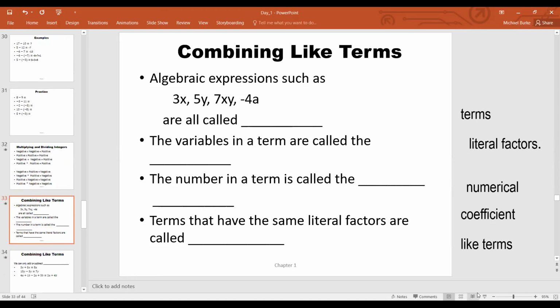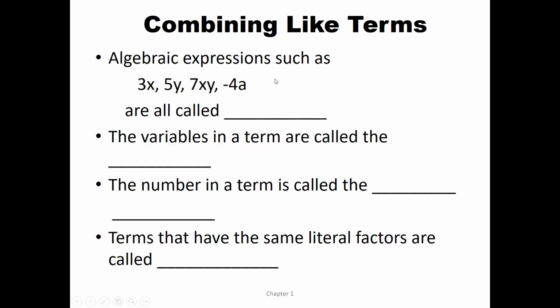Okay. Let's go back to the slideshow so we can do these. Algebraic expressions such as 3x, 5y, 7xy, which means 7 times x times y, or -4 times a, are all called terms. The variables in the terms are the literal factors you're going to run into.